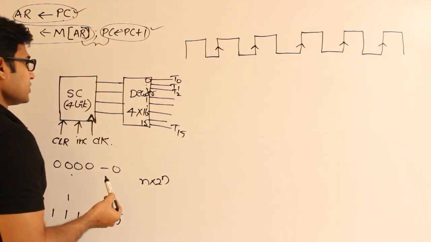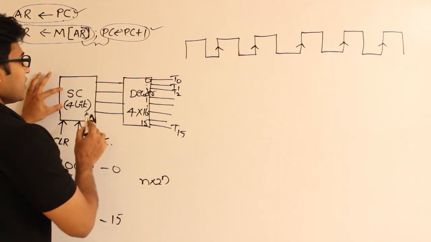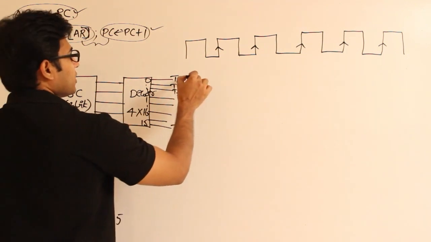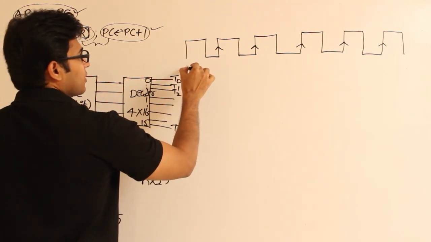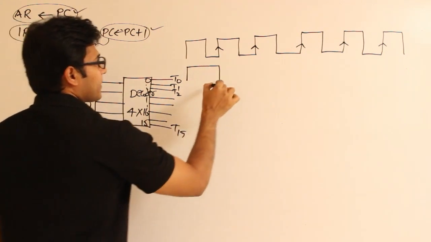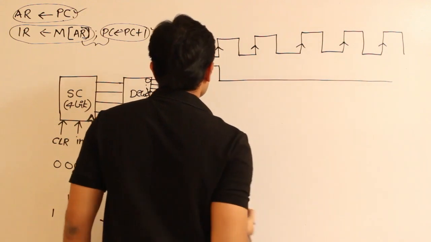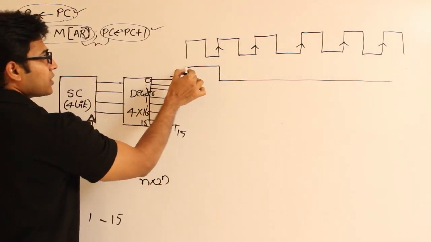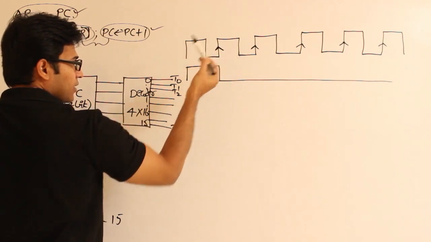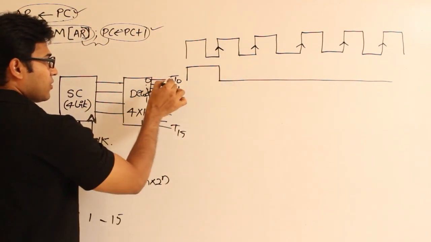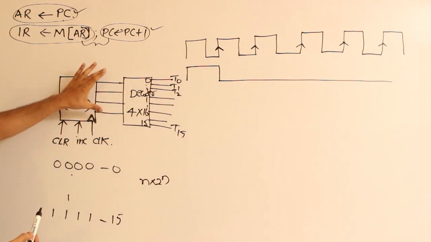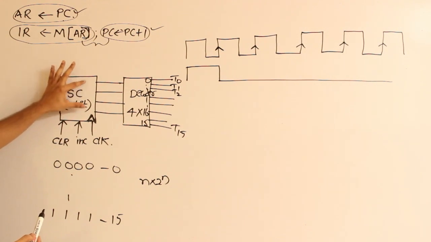This is going to be used as the timing device. So how is it going to be used? Initially assume that we are having 0 0 0 0 in the sequence counter, right? So initially we will have T0 activated, which means this signal will be 1 during the first clock, and whenever we see this particular positive edge, T0 will go to 0, because after the first clock, this counter will go from 0 to 1, right?